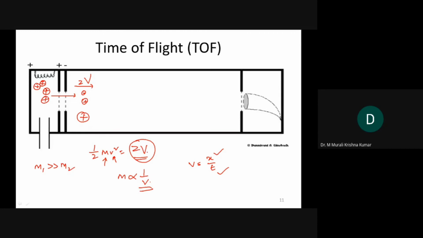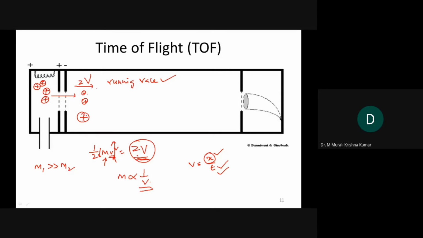When we provide energy zV in half m v square, what will happen? If you reduce the m value, V will significantly increase, meaning it can move at a very high velocity. That's the reason why it can cover more distance in less time. Now we allow these ions to participate in a running race. In the running race, who will win?